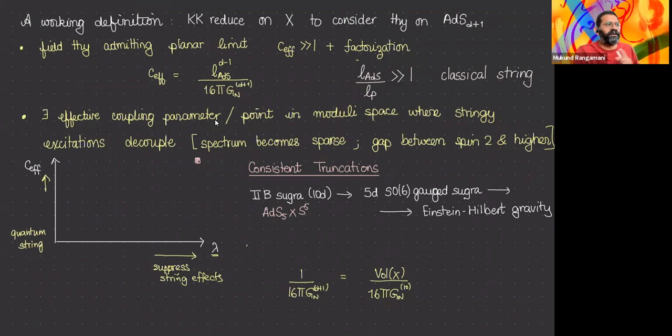If I recall my history correctly, people proved the truncation to SO(6) gauged supergravity on AdS5 only post AdS/CFT, circa 98 or something like that. The other truncations were known in the 80s, as far as I remember.